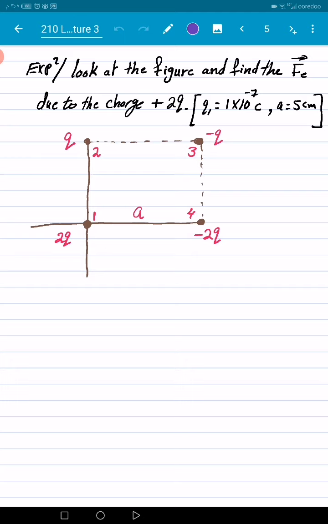What is the question? Look at the figure and find Fe. Please be careful, most of the students make a mistake. Fe is the electrostatic force due to the charge.